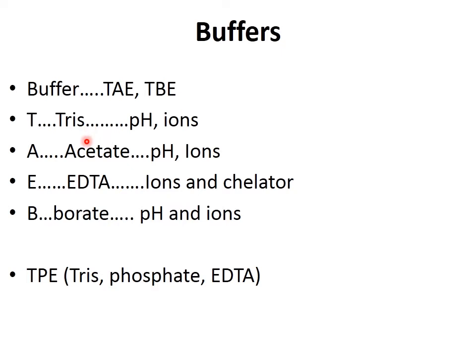It has ions which contribute towards electrical conductivity. And then it has acetate ion. Acetate ion is contributed by adding acetic acid. So both tris and acetate contribute to regulating the pH and providing ions for electrical conductivity. E stands for EDTA. EDTA is a chelating agent.